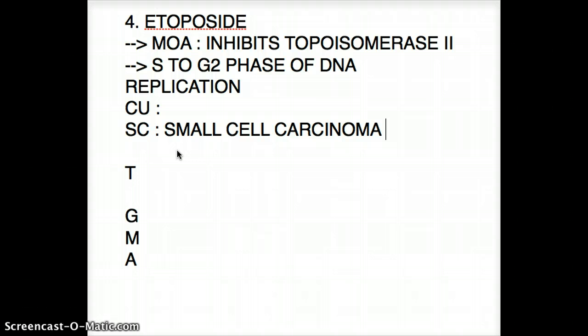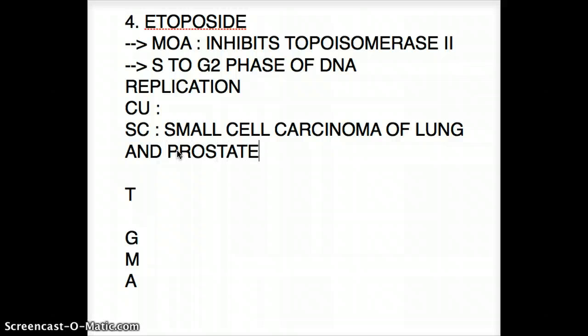So small cell carcinoma of lung and prostate. And T is for testicular cancer. So those are the clinical uses of etoposide.